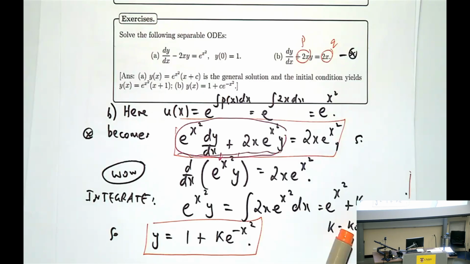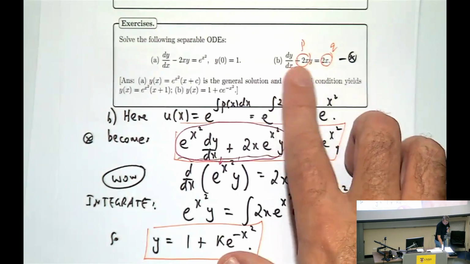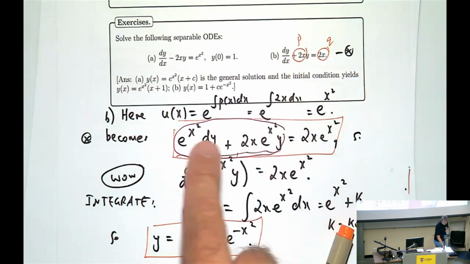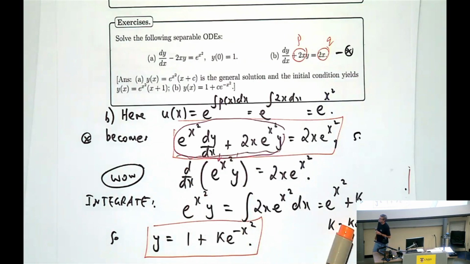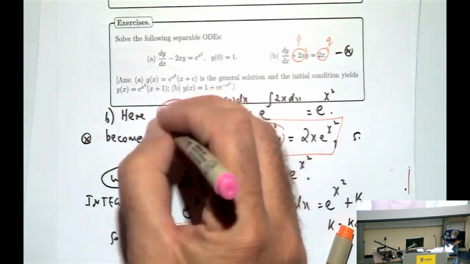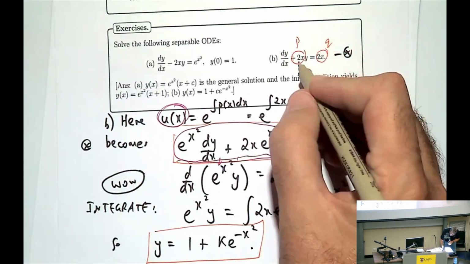When you go from here to here, you're forcing it to be the derivative of a special product. That special product involves the integrating factor, and that is determined by P.